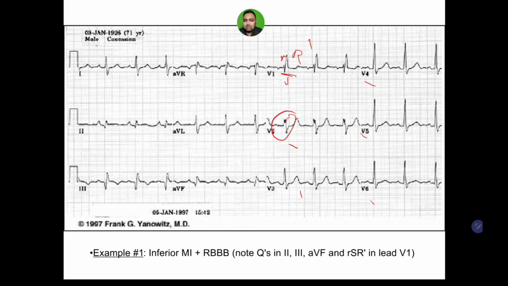And what are the other abnormalities? As you can see, there is ST segment elevation in lead 3, a bit in lead 2, and also in AVF. So what you can see is inferior wall MI because of the ST segment elevation in 2, 3 and AVF, associated with right bundle branch block.